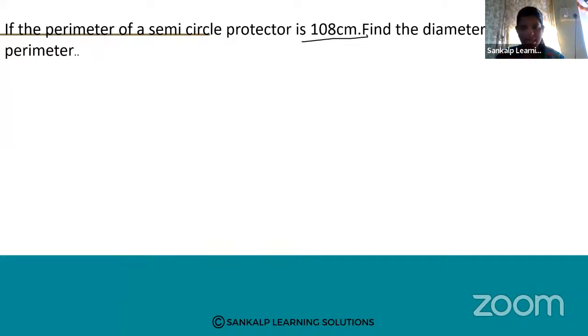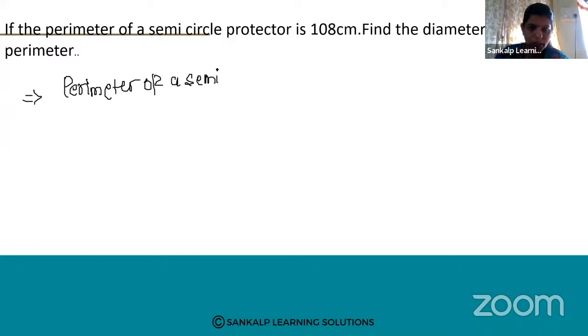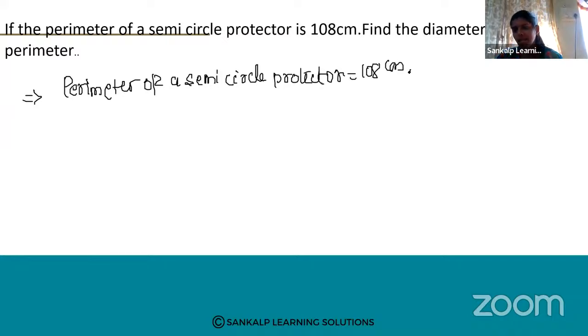So the perimeter of a semicircle protector, we can denote it by P, is 108 centimeter. Perimeter of a semicircle protector is 108 centimeter.